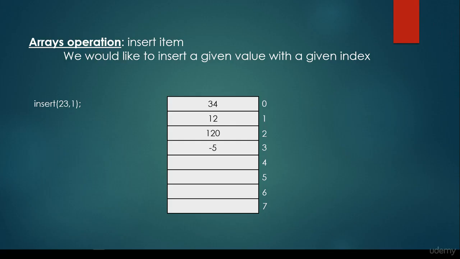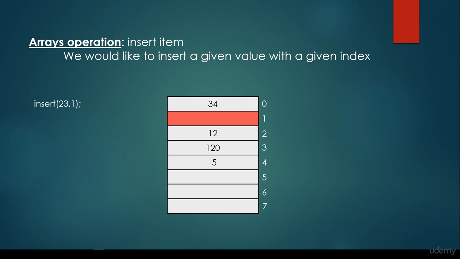We can insert item for a given index. So for example, I would like to insert 23 to the index 1. So we have to search for index 1. It is quite fast, but we come to the conclusion that this slot is occupied in the sense that we have to shift every item in order to be able to make space for this 23 value.